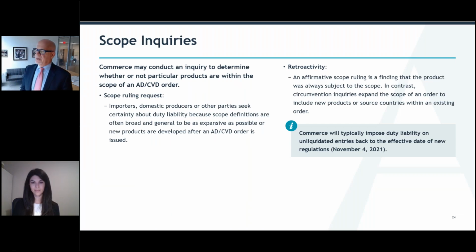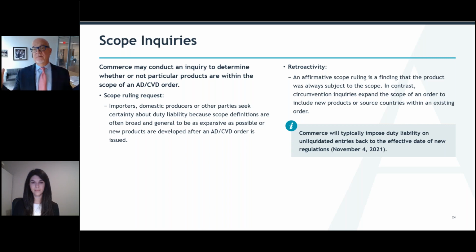Scope inquiries are tricky, and just so you all know, when we define scope in an anti-dumping or countervailing duty case, they can be very, very complicated scopes. They don't just follow how the product is defined in the harmonized tariff schedule. So for instance, you could have a product that is more narrow than the harmonized tariff schedule item for a particular product.